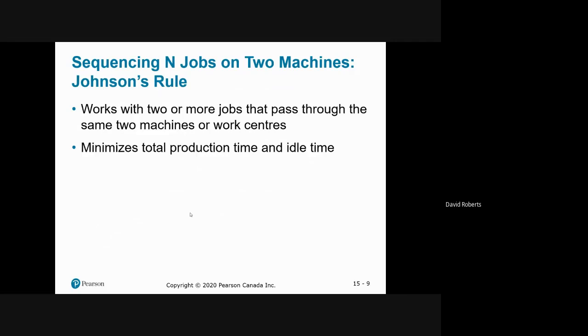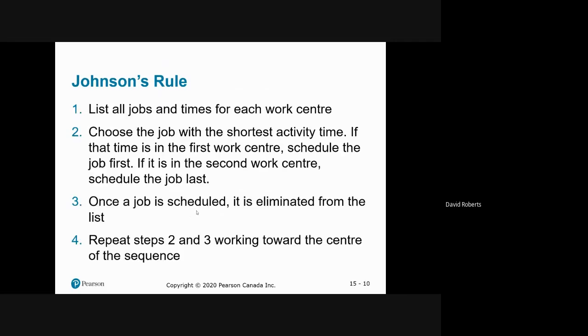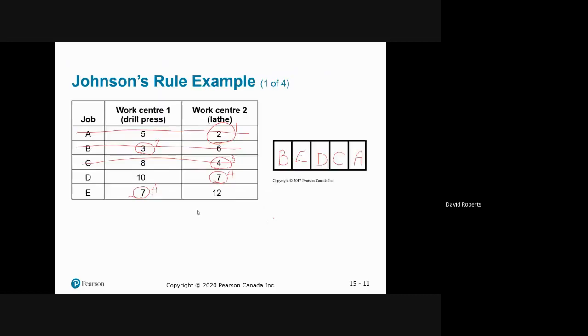Johnson's rule minimizes idle time and maximizes your utilization when you have back-to-back sequential workstations. So it has to go through workstation 1 and then workstation 2. And you can read through the list, but I'm going to show you an example, and I think it flows better when I do it as a demonstration problem.